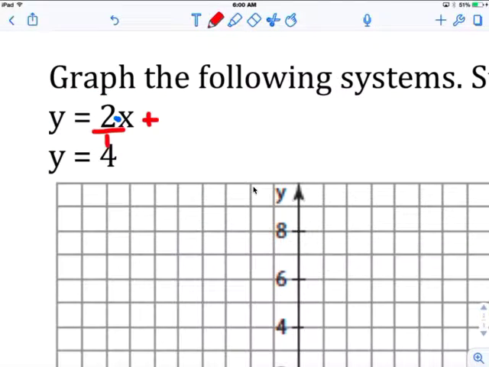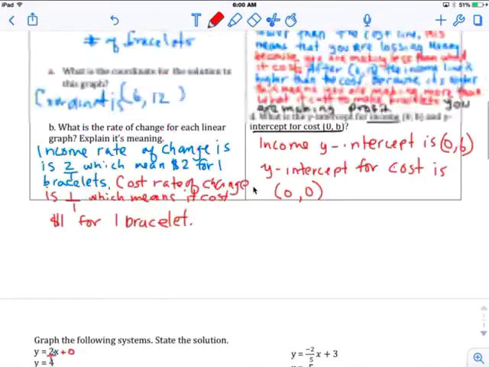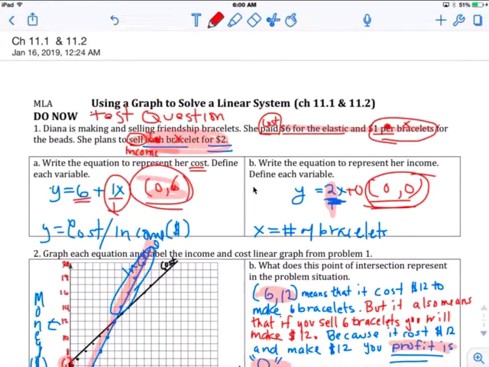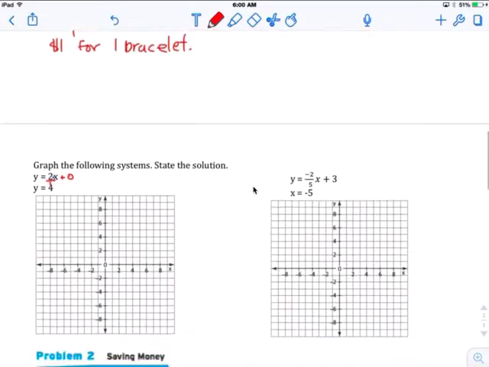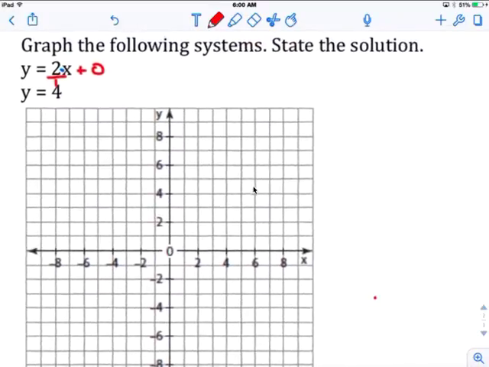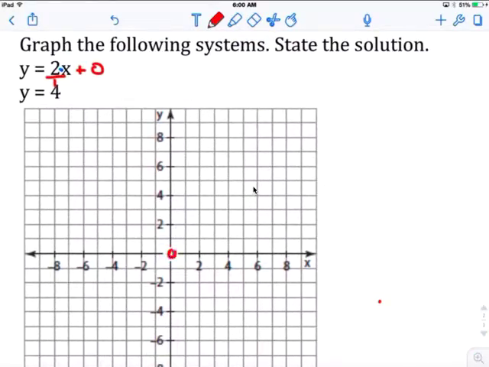This is going to be on your test too, I think. You know that this is 0, just like this one here, right? B. Okay, start out at 0. That's the y-intercept. Go up 2 over 1. Go down 2 over 1.